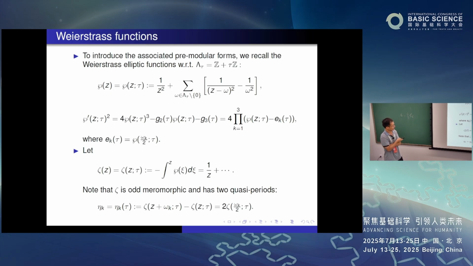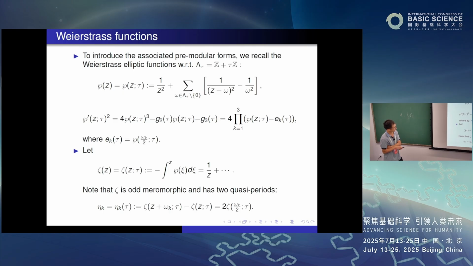So this is from the viewpoint of Green functions. Now let's turn to pre-modular forms. We recall the Weierstrass elliptic function, this P function defined in this way. We know that it satisfies this cubic equation, and we also consider the Weierstrass zeta function.